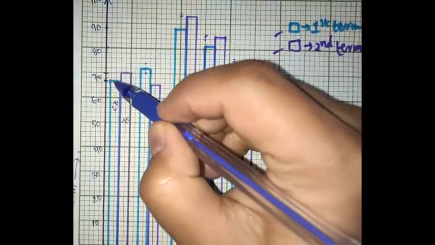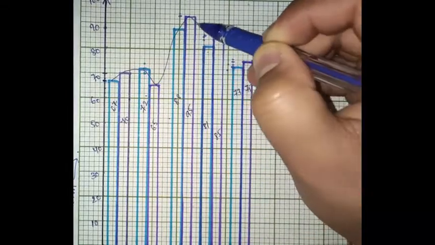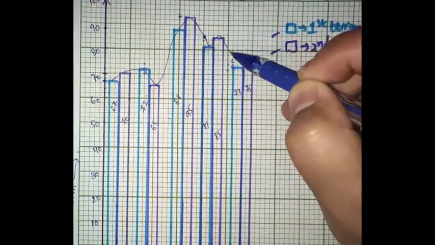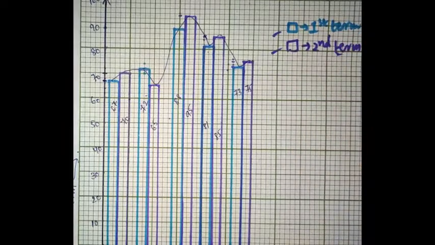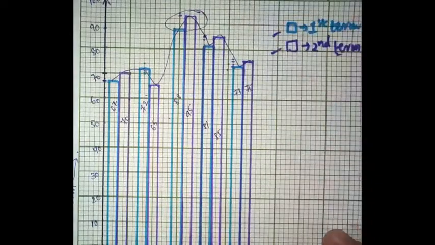If you make a frequency polygon, at a later stage you will come to know what that is. Okay, for now just remember, just see at this stage. So the maximum height is there, right?